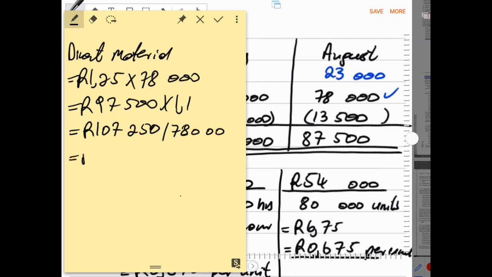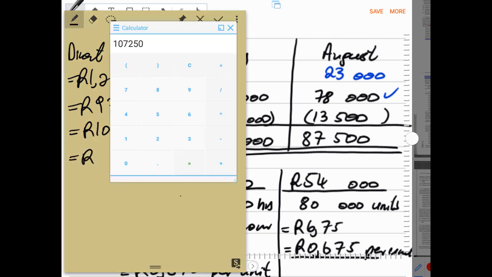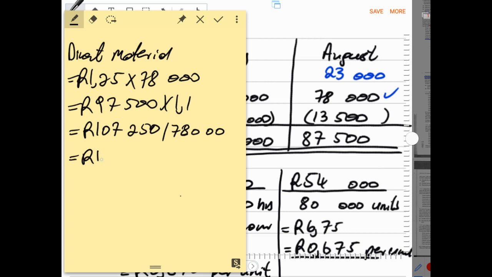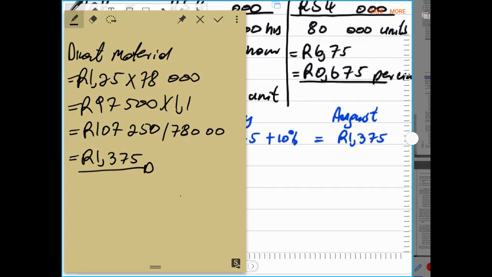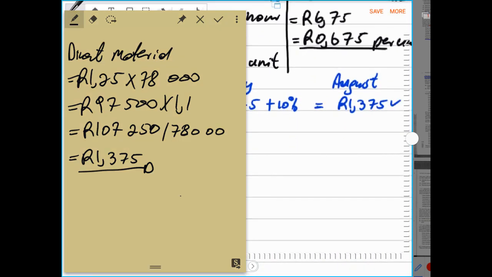After we divide, it gives us the per unit cost of the month of August. After the increase, it gave us 1.375. So at the end of the day, we get to the same 1.375, which is the direct material cost per unit increased by 10%.